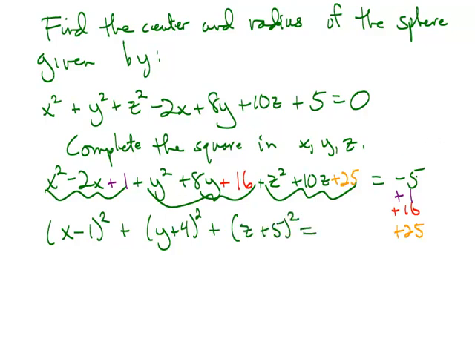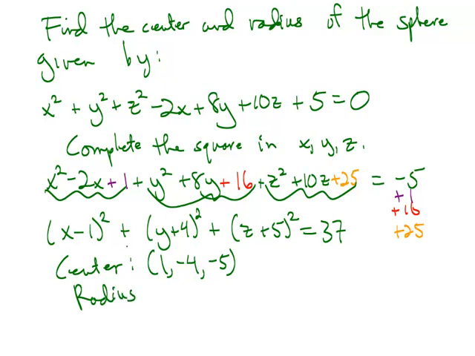On the right side, that's -4 plus 16 is 12, plus 25, I guess 37. Didn't turn out to be too nice, but that's okay. Our center then is going to be the values that make these quantities 0. That's 1, -4, -5. Our radius is the square root of the right side, which is the square root of 37.